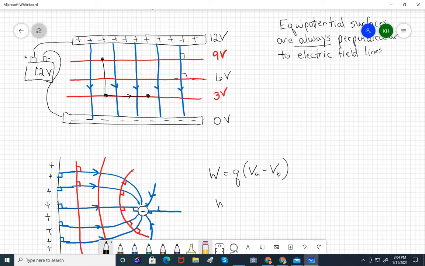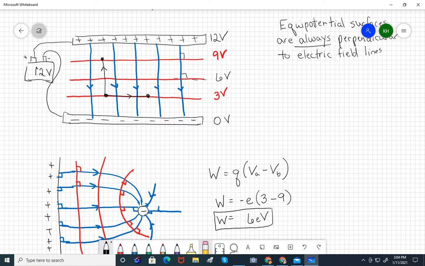If I had one electron, that's a charge of negative e, and it went from 3 volts to 9 volts, that would be 6 electron volts of work done by the electric field on that electron. I didn't calculate it this time in joules. If I wanted to calculate it in joules, I would have said the charge was 1.6 times 10 to the negative 19, but it was really easy to do it in electron volts.